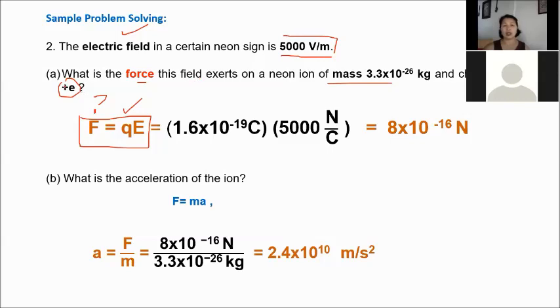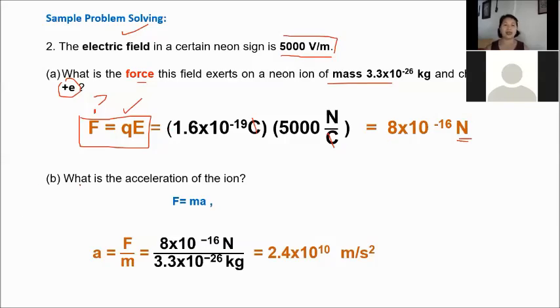Now, since this is plus e, this is the charge of a proton, equivalent to 1.6 times 10 to the negative 19 coulomb. Simply multiply that by the electric field, and in doing so, the units cancel, giving us the unit of newton, the unit of force.